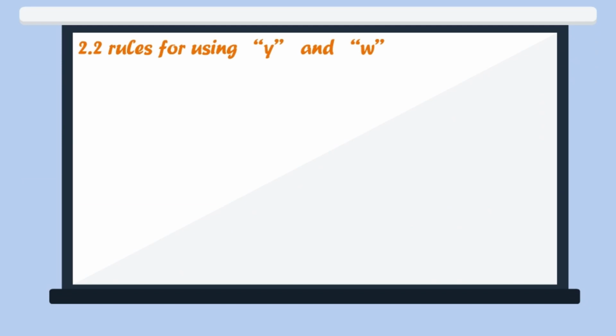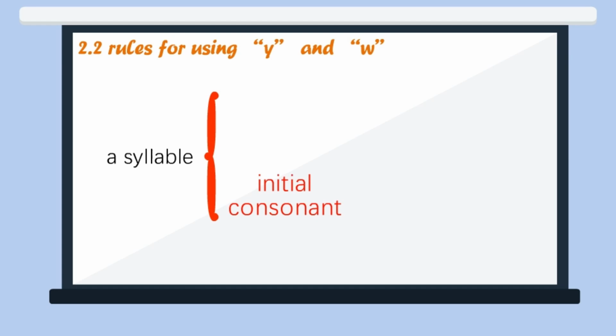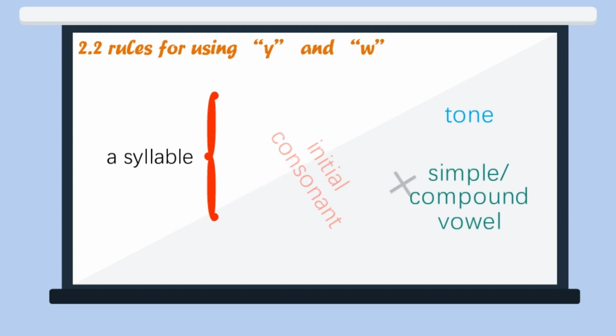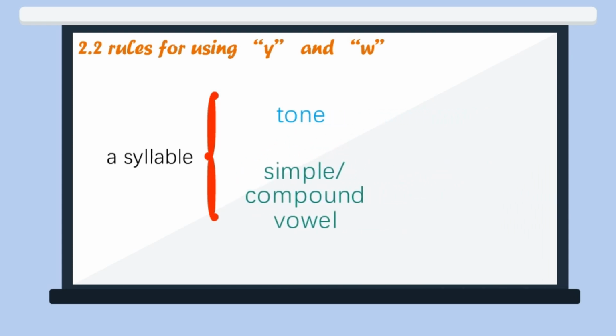In Lesson 1, we learned that a Chinese syllable usually consists of 3 elements: the initial consonant, the simple or compound vowel, and the tone. But some syllables can stand alone without initial consonants.